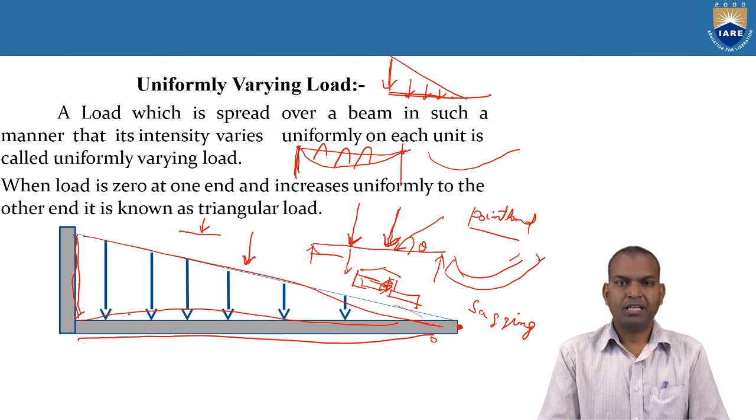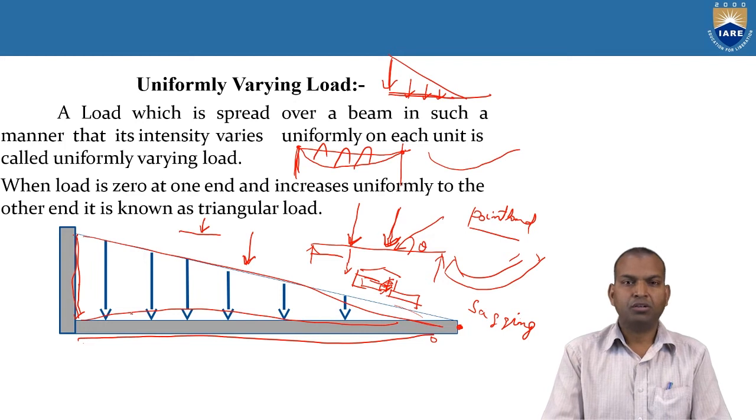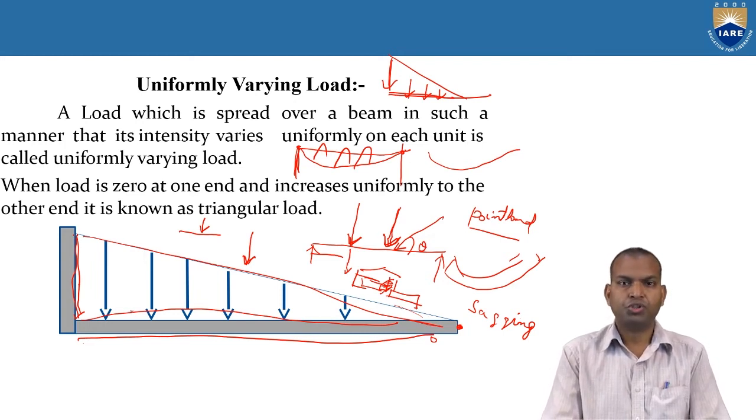So let us summarize the types of loads. Number 1, point load. Number 2, uniformly distributed load, or UDL for short. The unit of UDL is Newton per meter. Next, uniformly varying load, also known as triangular load.